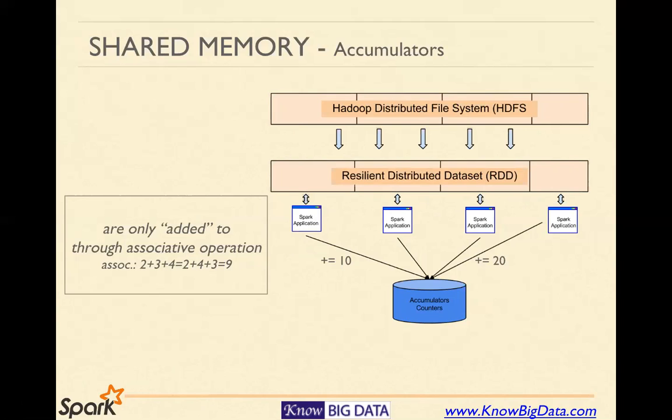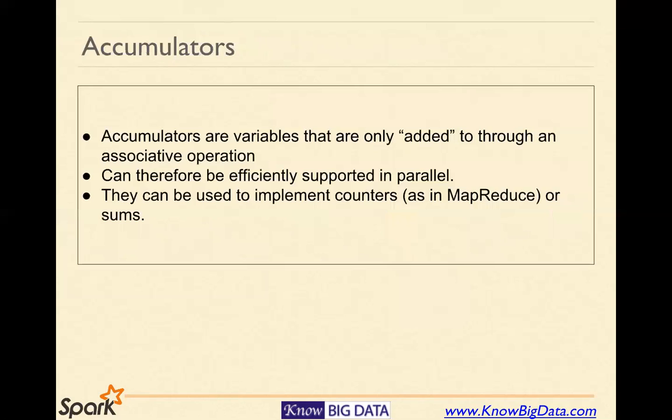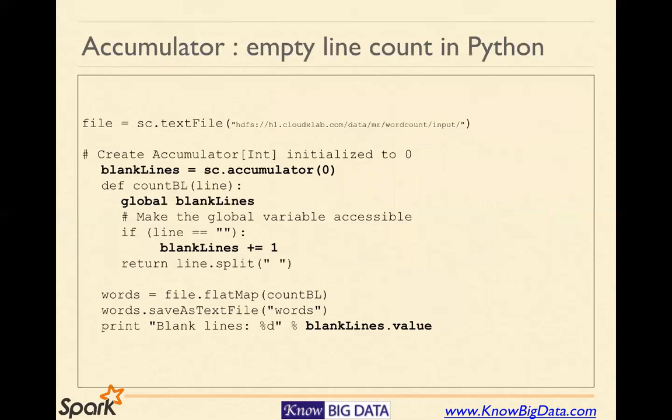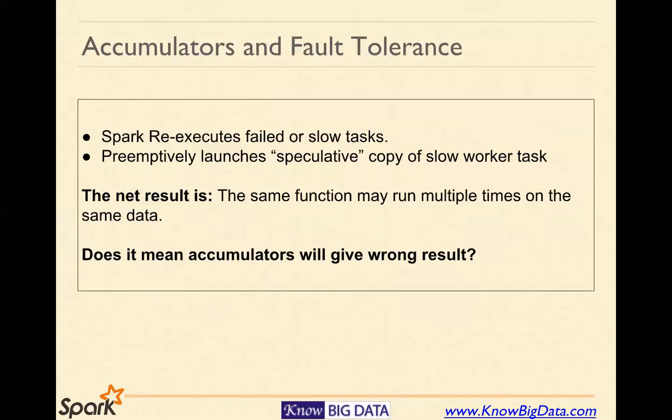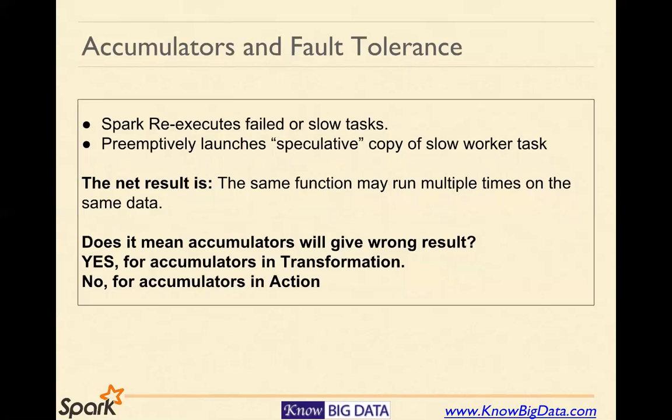So what could it be used for? One, noting down the progress, gathering the logs from all the nodes. All right. So if you want to count how many blank lines have been encountered, you could use the accumulator in the following way. You define an accumulator at the top, and then you interact with that accumulator throughout your code. All right. So accumulators are used for that kind of work.